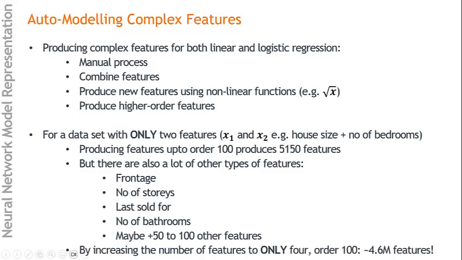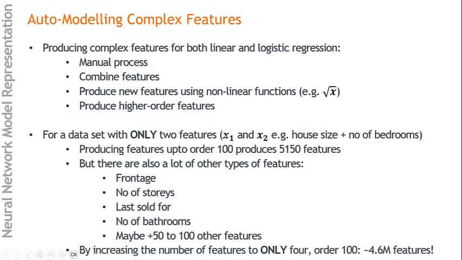Even for a data set with only two features, if you take polynomial features based on this, if you take powers of x1, powers of x2, if you only take the powers up to order 100, it turns out you get 5,000 different possibilities for features. For example, x1 to the 59 times x2 to the 37 would be a different feature.